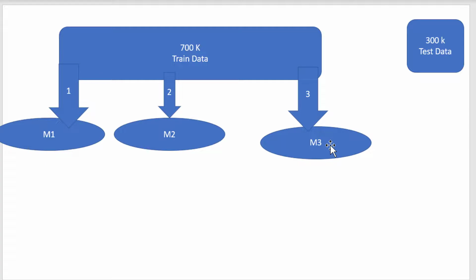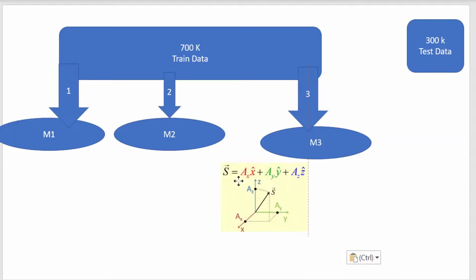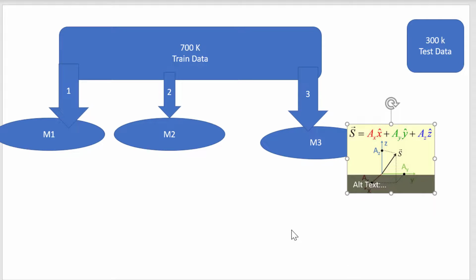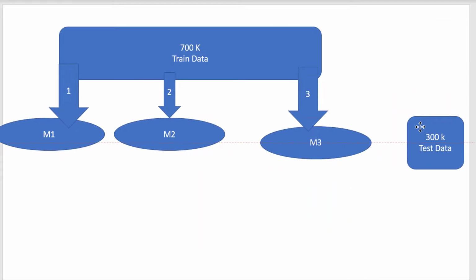Now the model is nothing but a complex function where I can provide these 40 parameters, and it predicts whether the user would have bought that particular product or not. So I will use these 300,000 records as input. For these 300,000 records, I already know whether the person bought the product or not.